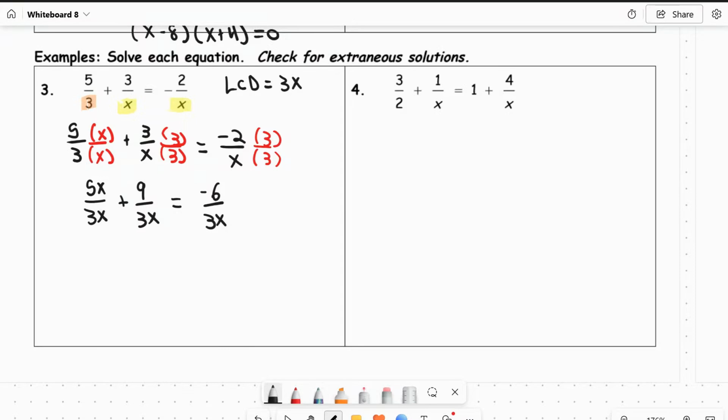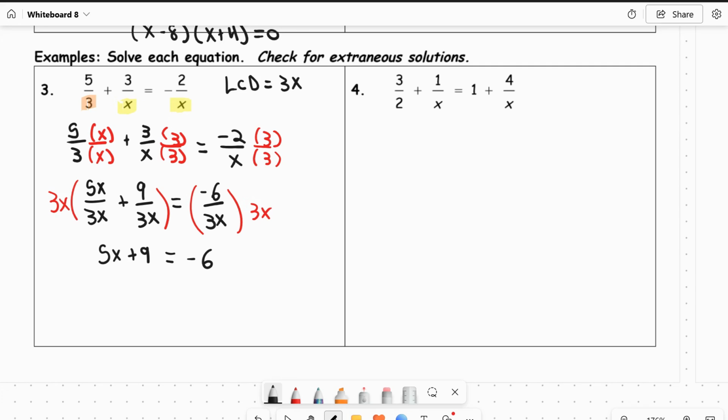Now I have a common denominator between all of my fractions, so I'm going to undo my fractions by multiplying both sides by 3x. My denominators are going to cancel, leaving me with 5x plus 9 equals negative 6.